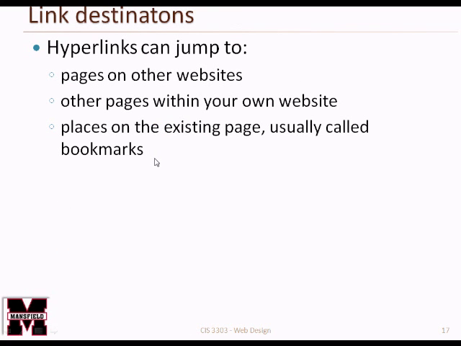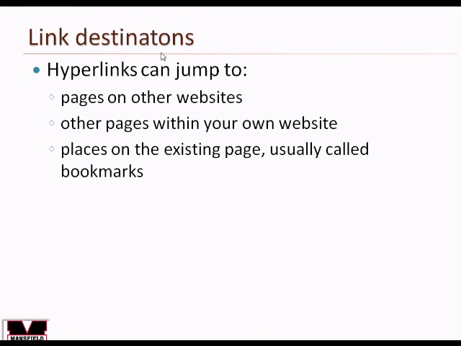This is an important page here. There are 3 types of hyperlinks, as far as the ones that actually jump to some other place. Hyperlinks can jump to a spot on your own page, on the same page where the hyperlink exists. That's what we call a bookmark.